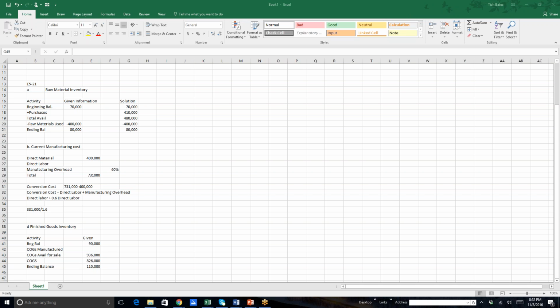Okay, so if you can figure out and work your way down to that, then you should be good. Remember, that's one of those that is going to flow down. So you've got to go up at the top and get all your current manufacturing costs.